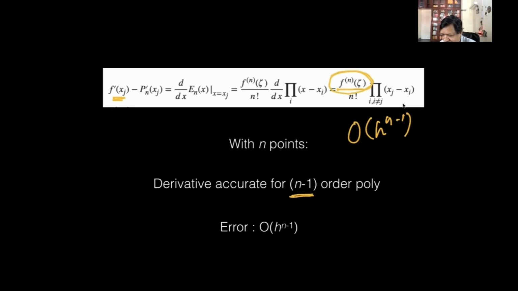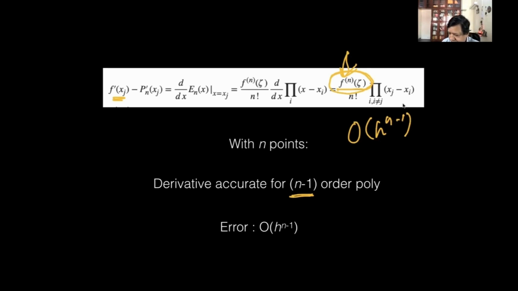So with 2 points, a linear function will have exact derivatives. With 3 points, quadratic functions will have exact derivatives. With 4 points, cubic functions will have exact derivatives. And it follows because these polynomials are an exact representation of the function, and I told you that before. That continues, and it is all because of this derivative. So this formula is very useful, even though I didn't derive it.